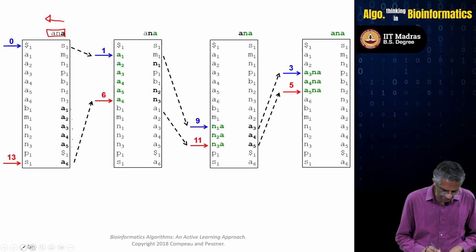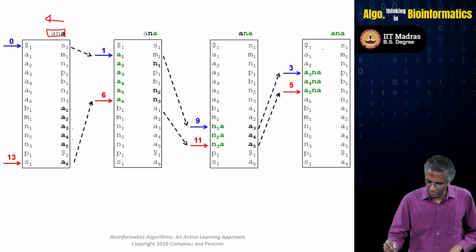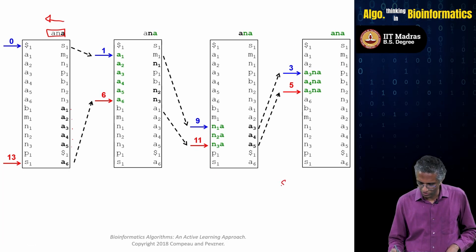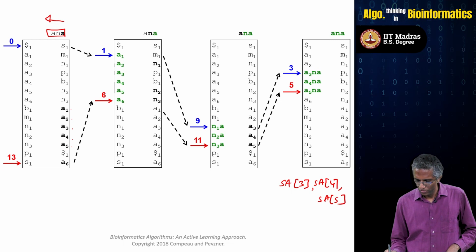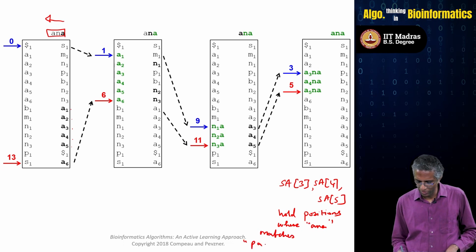So the final hits are going to be, you have this suffix array that is not being shown here. So SA of 3, SA of 4 and SA of 5 will hold the positions where ANA matches the genome, which is Panama bananas.